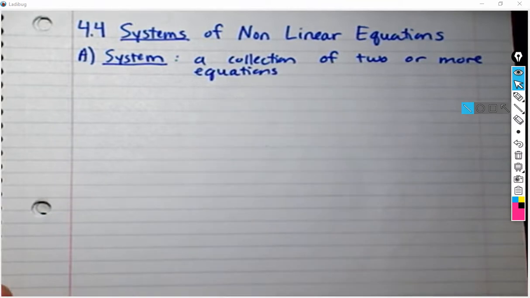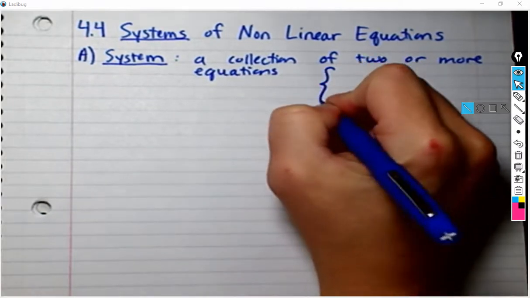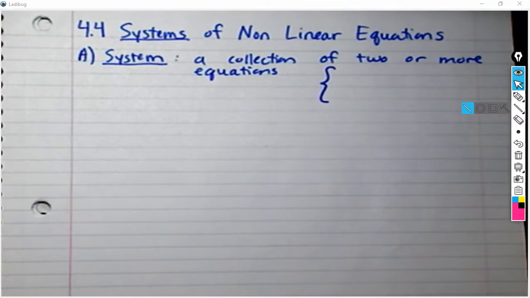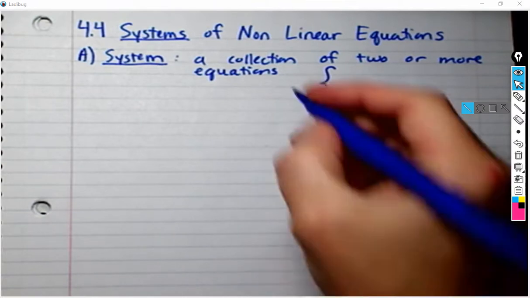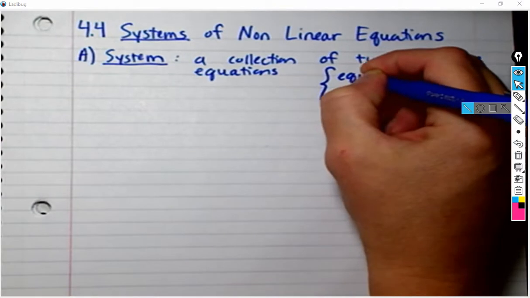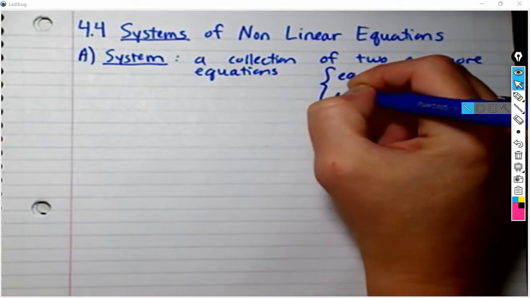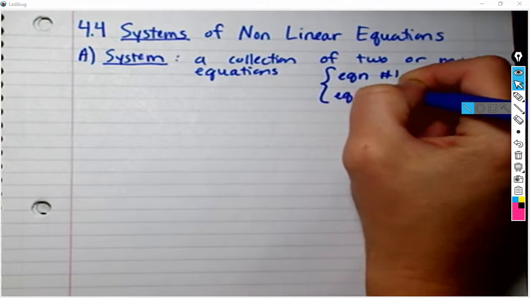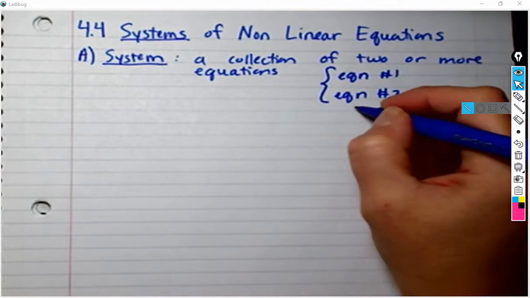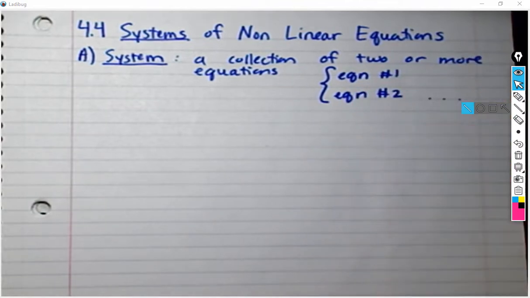Okay, and it typically looks like this. It's not piecewise, it's just usually they put a bracket so you can tell which two things are grouped together. So equation number 1, equation number 2, dot, dot, dot. However many equations you have. Now we're going to do 2 equations, all right?